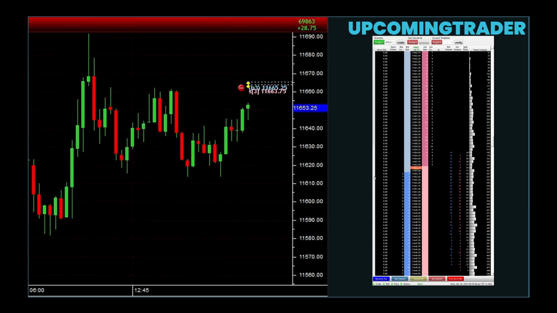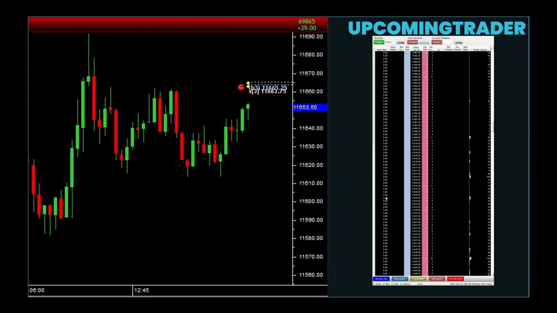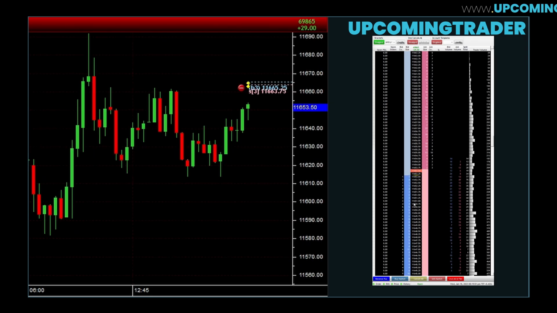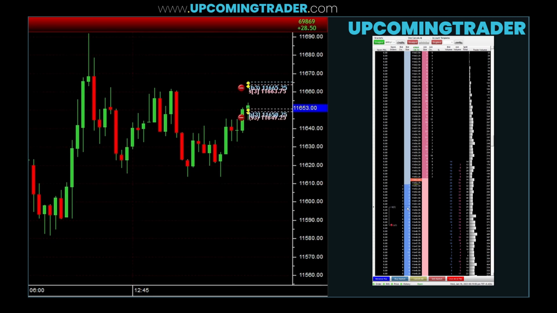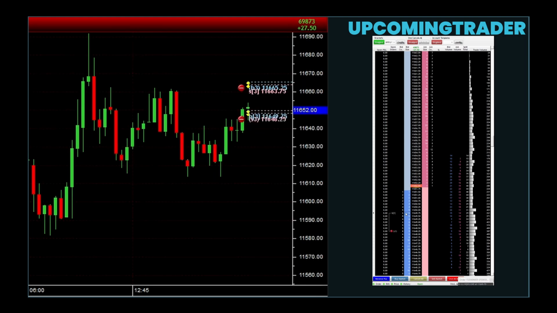There are also some common mistakes that people make when using the order book. One of the biggest mistakes is overreacting to every small change. Just because an order appears or disappears does not always mean that the price is going to move. It is important to wait for some confirmation before you act.